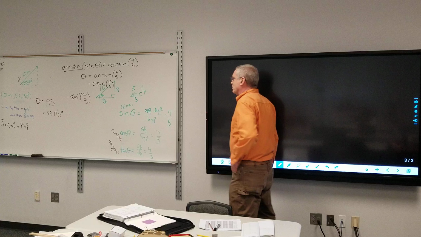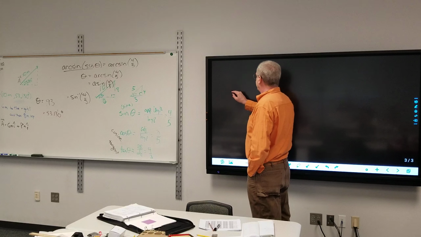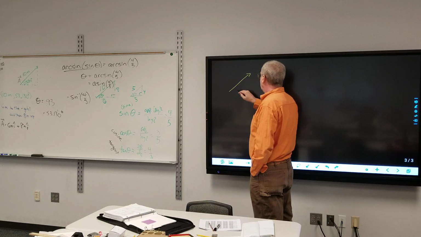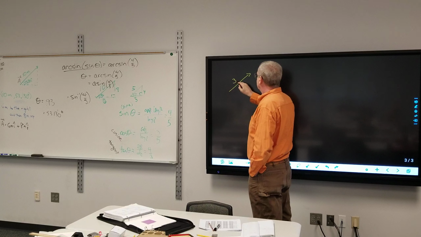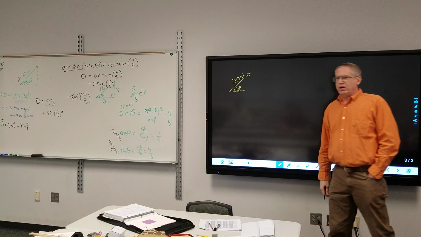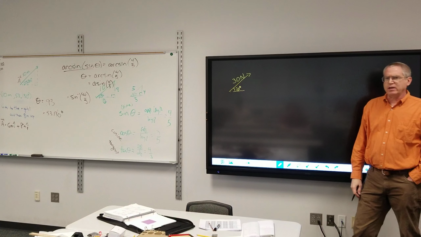All right, let's apply this incredible knowledge here. Let's say I have a vector that is 30 newtons, 20 degrees. And I want to figure out what is this vector in rectangular form.